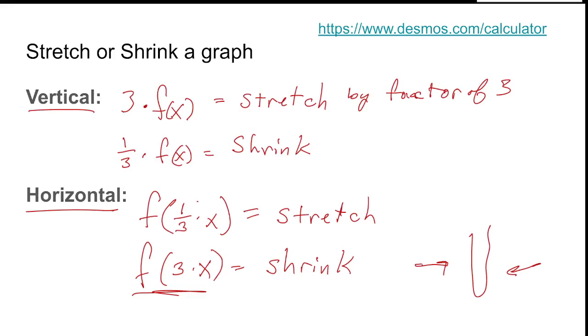Okay. And when you're stretching something horizontally, you're pulling it out. And so you're making it wider. And so it's going to look like a vertical shrink because vertically things look like they're going down. Okay, so let's take a look at those, and then we're almost finished. We'll put it all together.